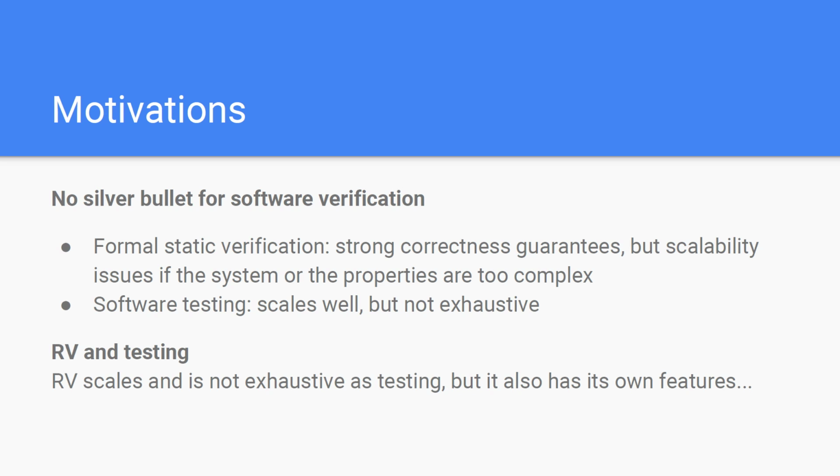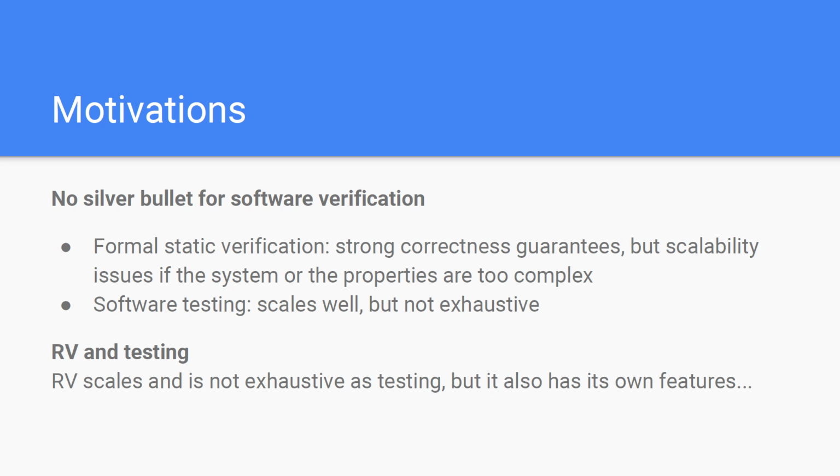Your check is in a sense exhaustive, but you have scalability issues, especially when your system or the properties you want to prove are very complex. While software testing, of course, scales very well, but it's not exhaustive. So you don't have guarantees as strong as for formal static verification.